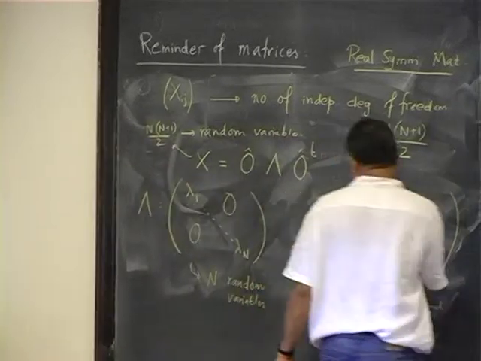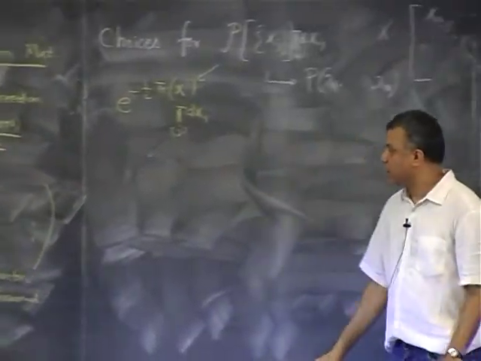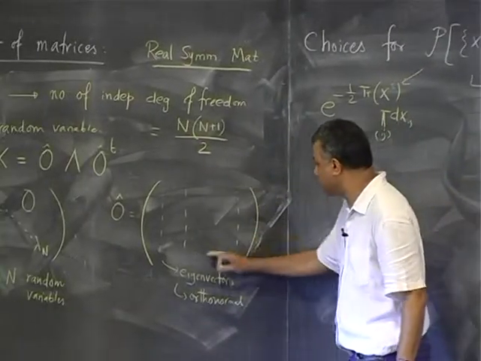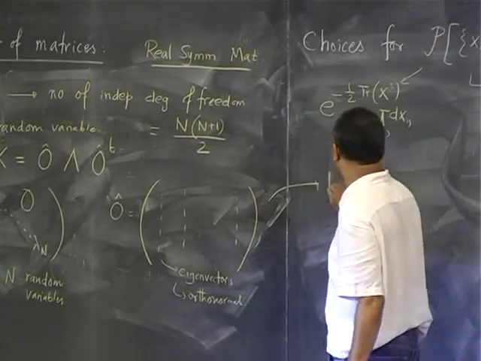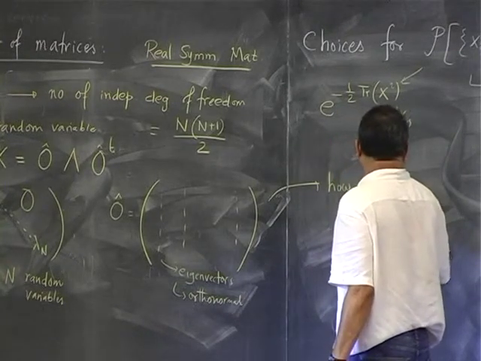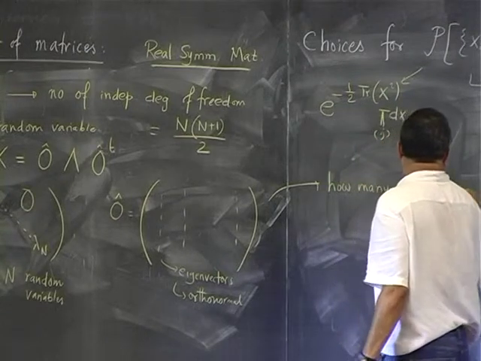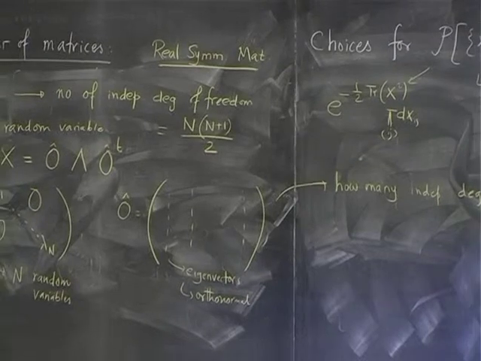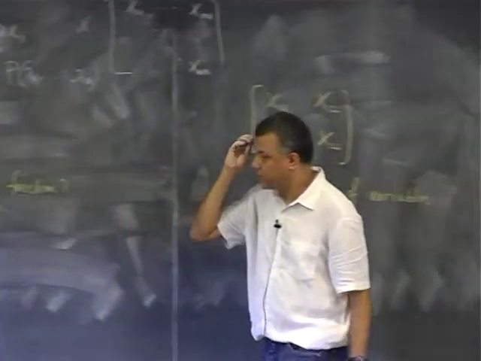And what about the eigenvectors? How many independent degrees of freedom do I have here? Can you tell me? Any volunteer?